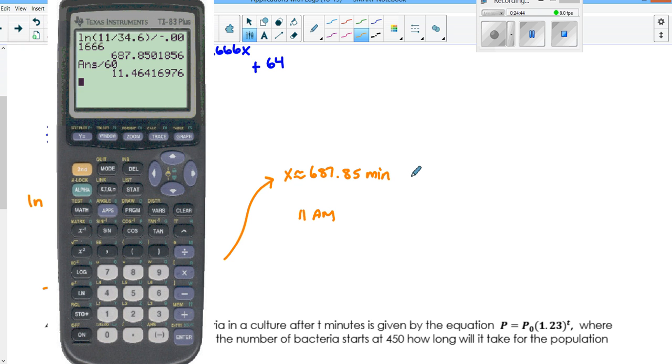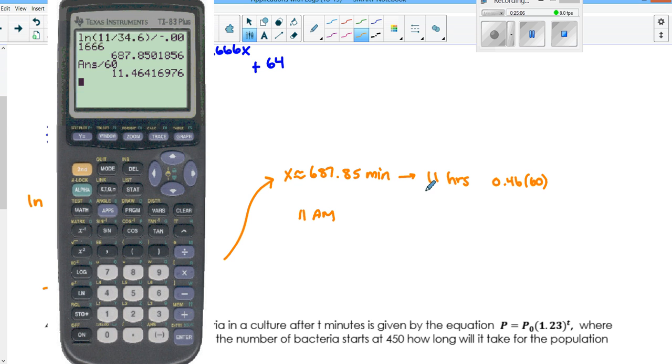So then that tells me that there is about 11 hours. And then I need to convert this into minutes. So I know that there's about 11 hours, but then I'm going to take 0.46 and I'm going to multiply it by 60 minutes so that I can convert that into minutes. Okay, it's not 11 hours and 46 minutes.